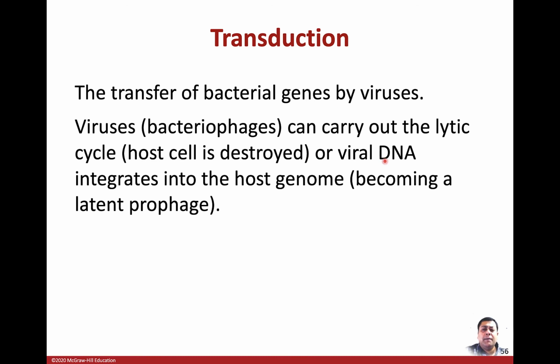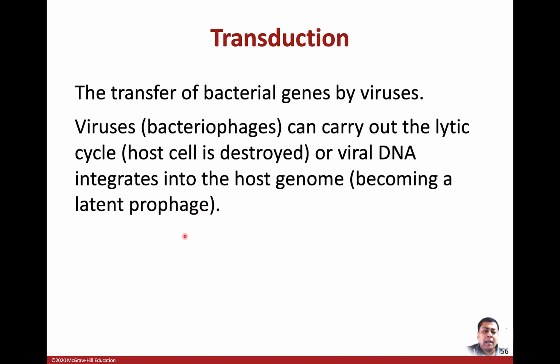On the other type, the bacteriophage is called a temperate phage that goes into the cell and integrates its viral DNA into the host or the bacterial genome. And this is called a latent prophage. So this virus or the prophage will remain inside the bacterial chromosome for an indefinite period of time.